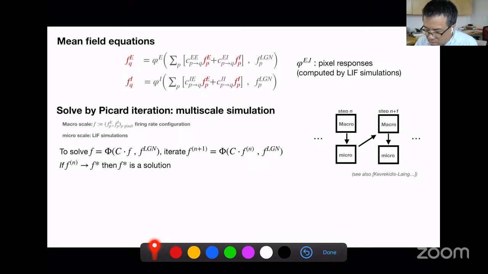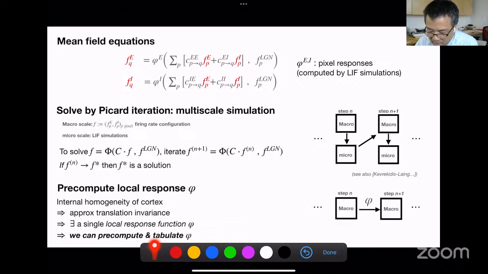But this is actually unnecessarily expensive, and the main reason is this. If you go back to the picture of the cortex that Lai-Sang painted earlier, one of the things that's really remarkable is that the cortex, at the scale that we're looking at, is relatively homogeneous.